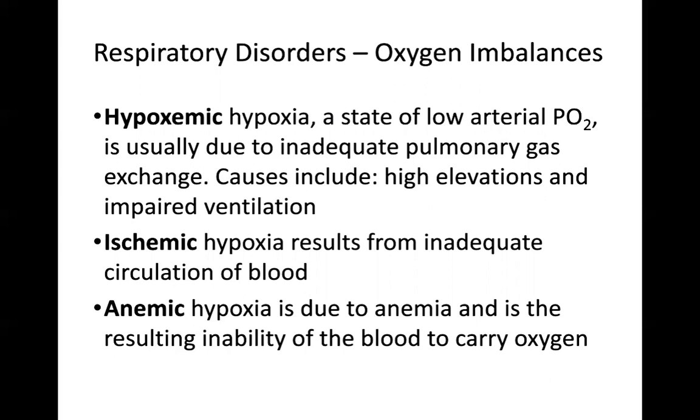Anemia is the culprit here that causes hypoxia in many cases, resulting in an inability of our blood to carry oxygen. Pretty much anybody that's anemic would be at great risk for being hypoxic as well, because anemia is decreased ability of their blood to carry oxygen, so more than likely they're going to be hypoxic as a result.